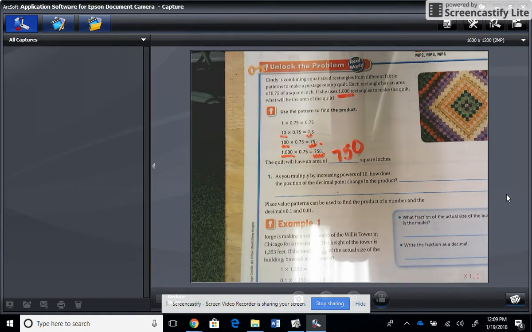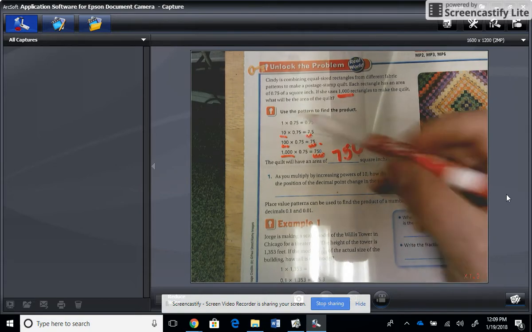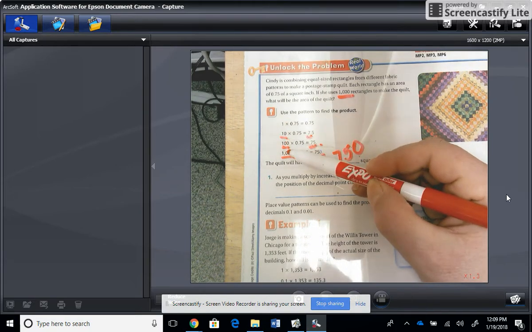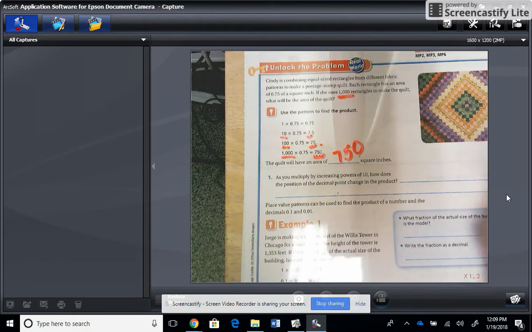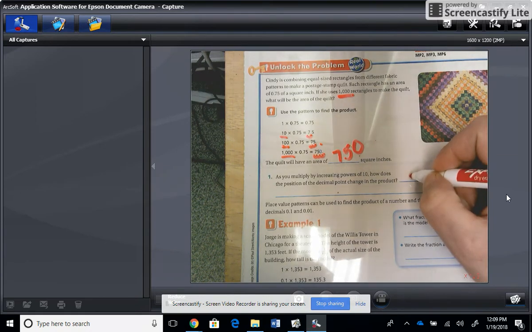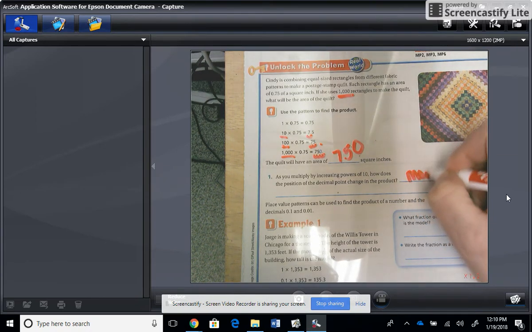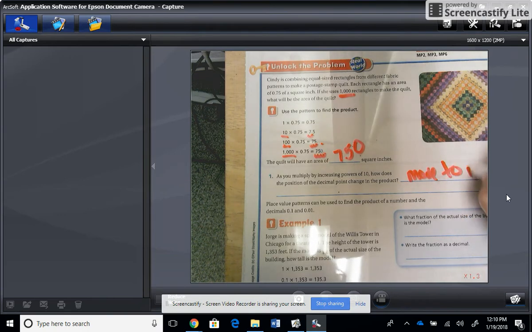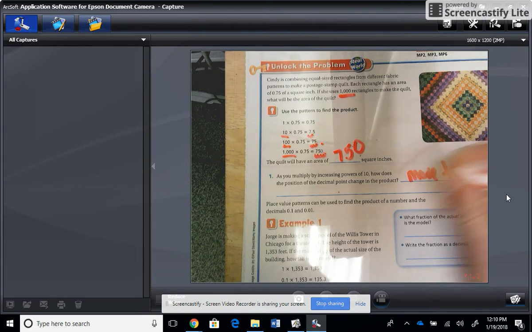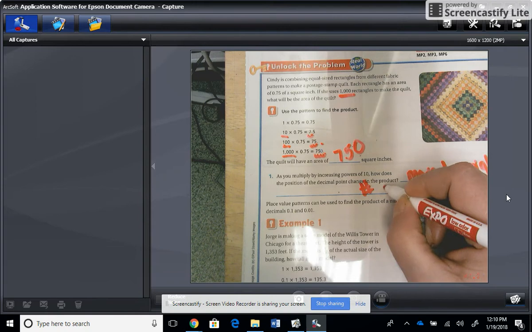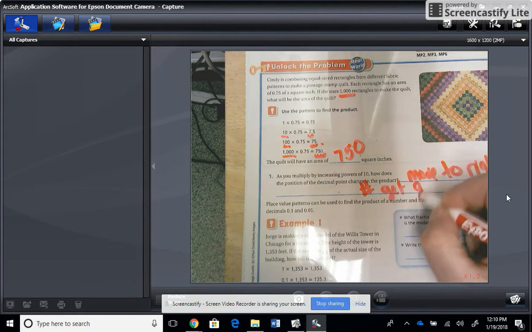As you multiply by increasing powers of 10, which is 1, 10, 100, 1,000, what happens to your decimal? Well, my decimal moves to the right, and my number gets greater.